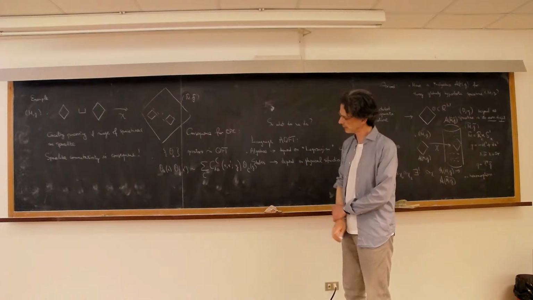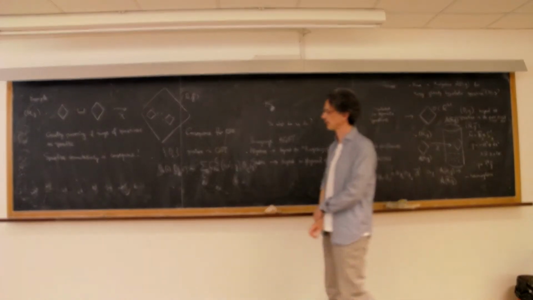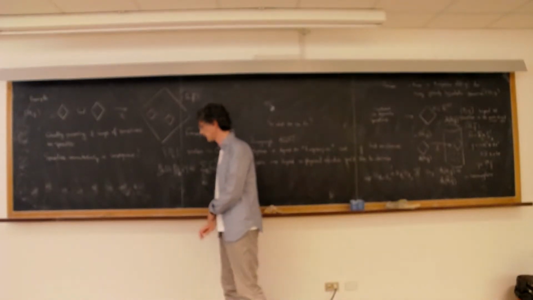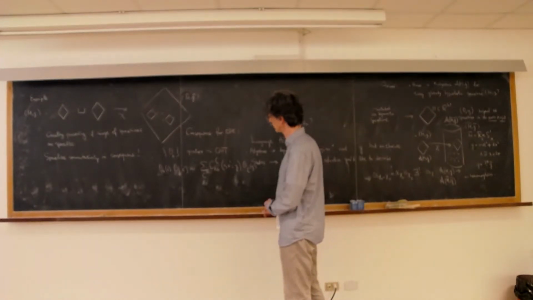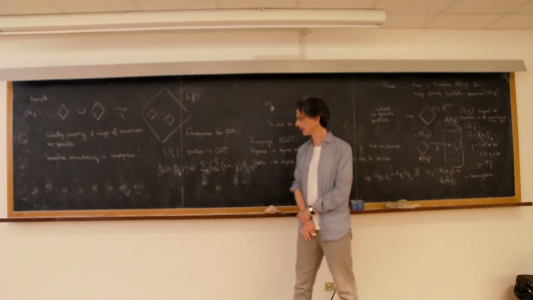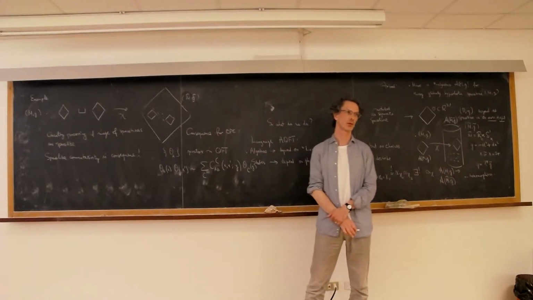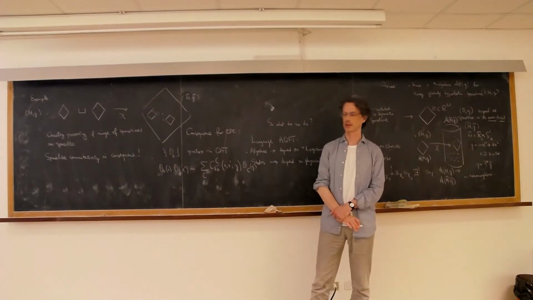I'm not going to go into what this similar sign really means, but it usually means that it's not really a convergent series, but it's supposed to be a good approximation for short distances, or at least on the light cone or something like that.